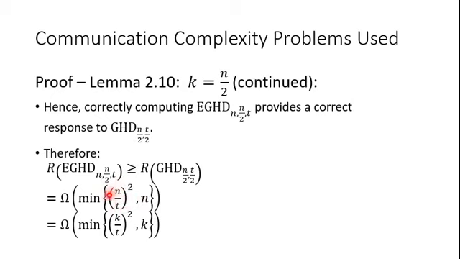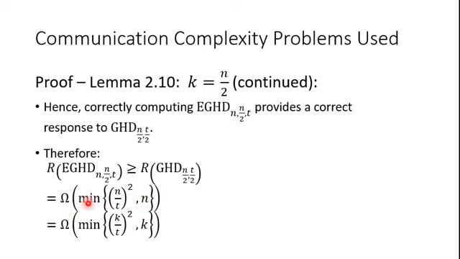This was in the case where t was omega of square root of n, so that was one of the lemmas that we saw earlier, and another one that we saw earlier was that it was omega of n for a general t.